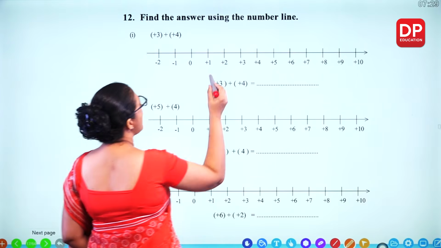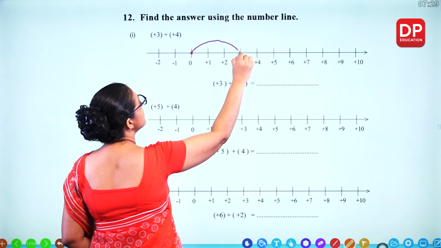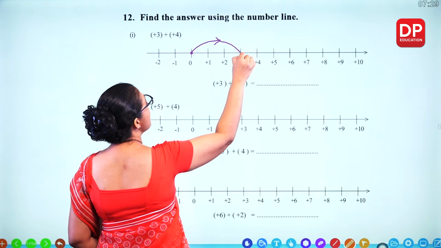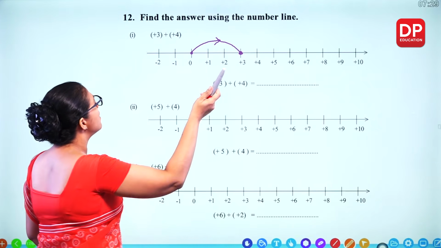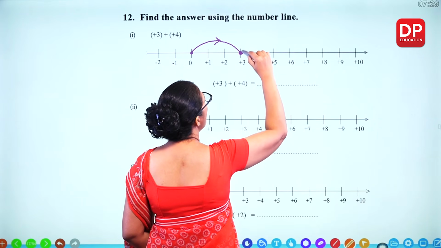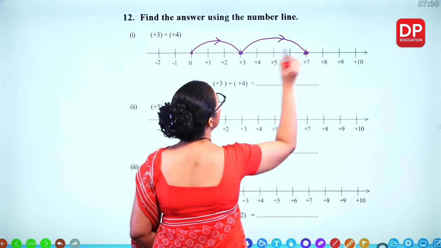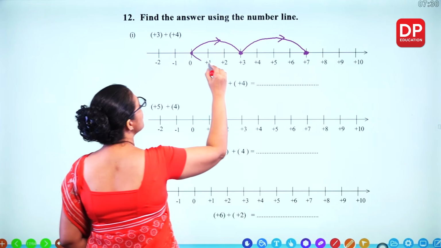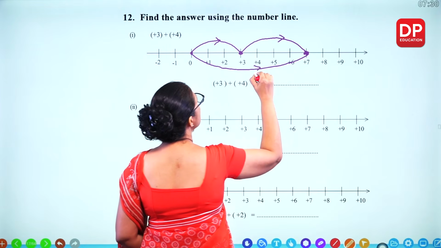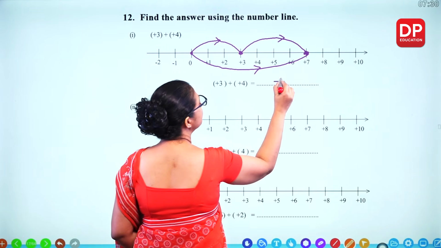Plus 3 means starting from the initial point, 3 places to the right. That's this position. Then another 4 towards right side: 1, 2, 3, 4. So that's the final position. So here to here, 0 to 7. That's plus 7.